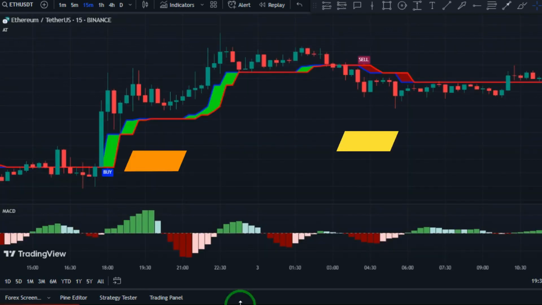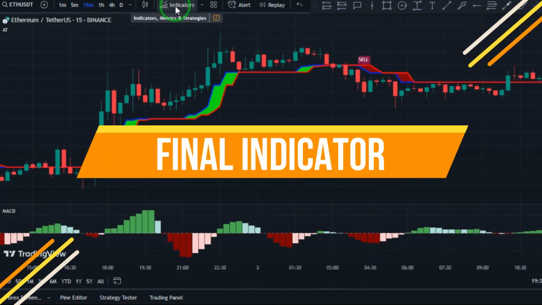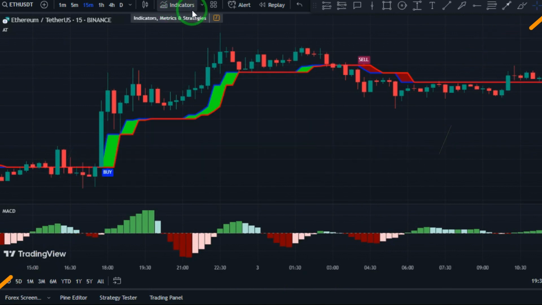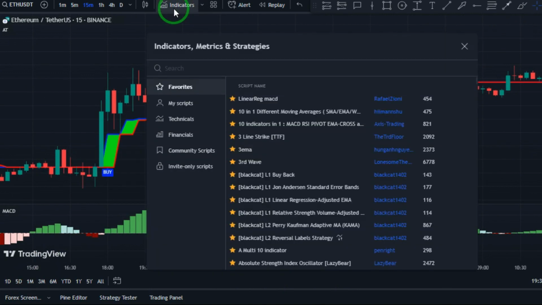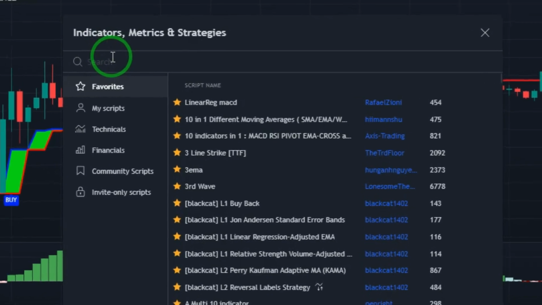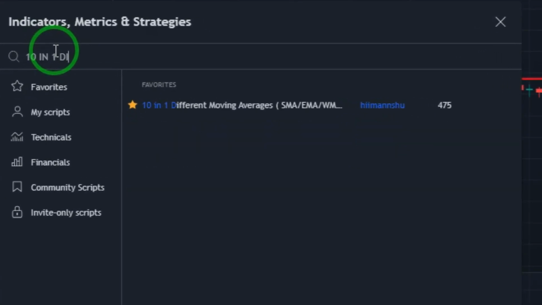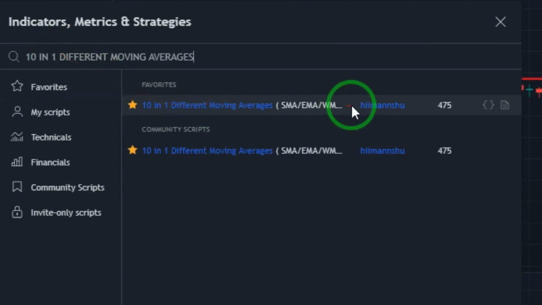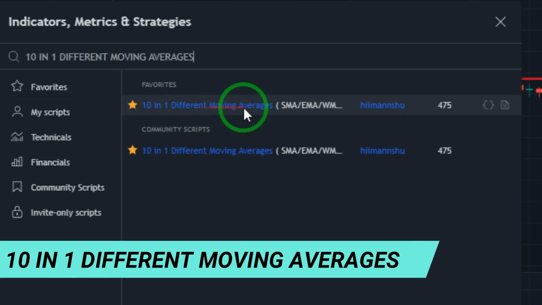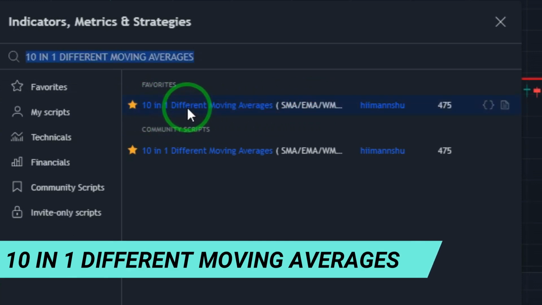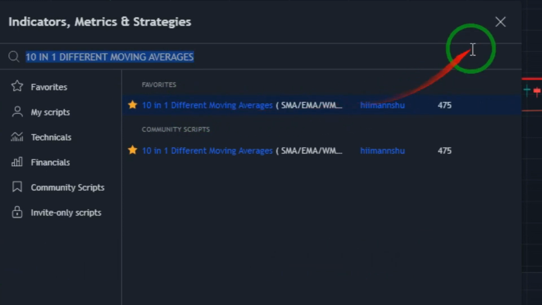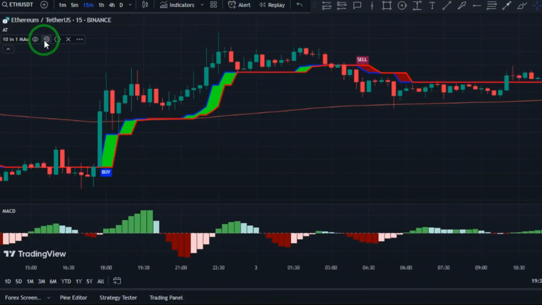We must now add the final indicator to the chart to help maximize the win rate of this trend-following strategy. This indicator is called the 10-in-1 different moving average. And now, let's customize its settings.